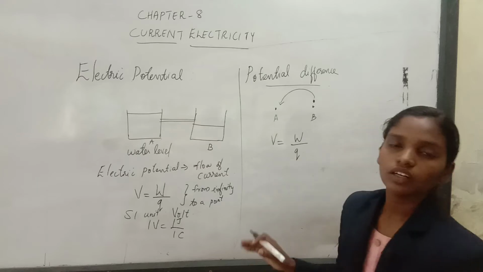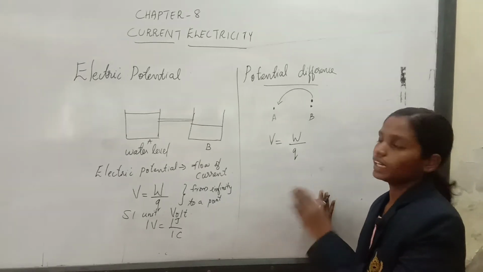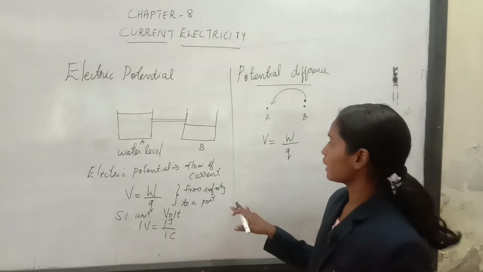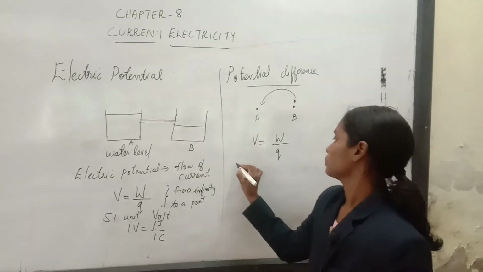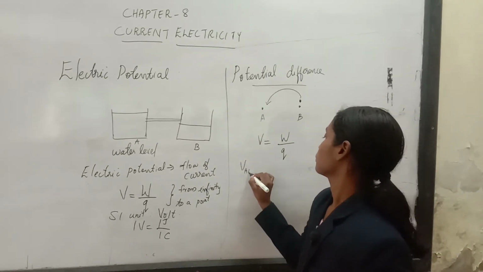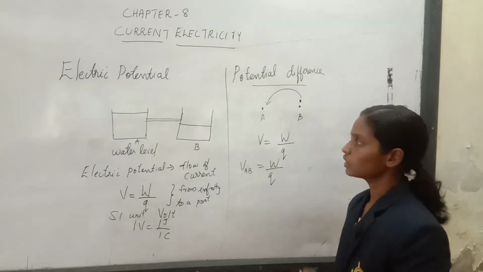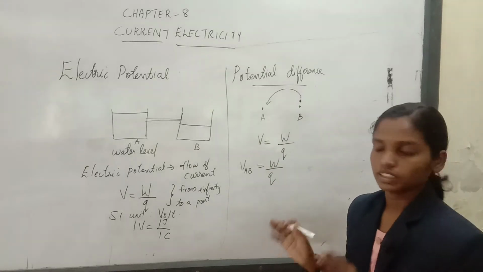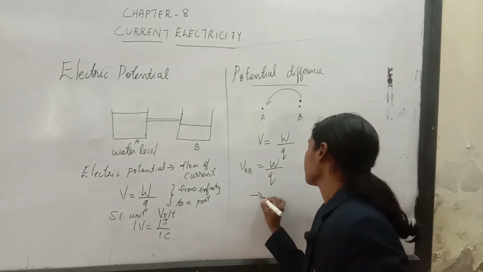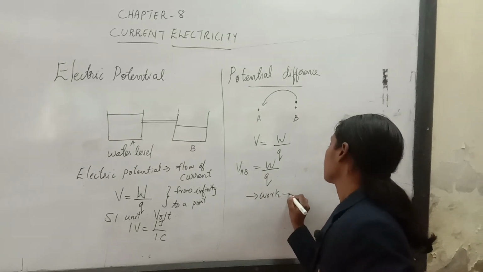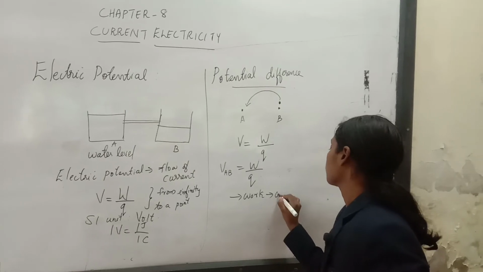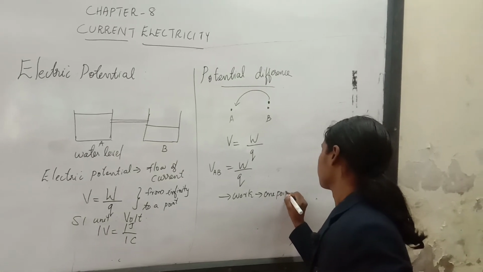We consider it as VAB, that is VB minus VA, the potential difference, work upon charge. So potential difference is the work done in bringing a unit positive charge from one point to another.